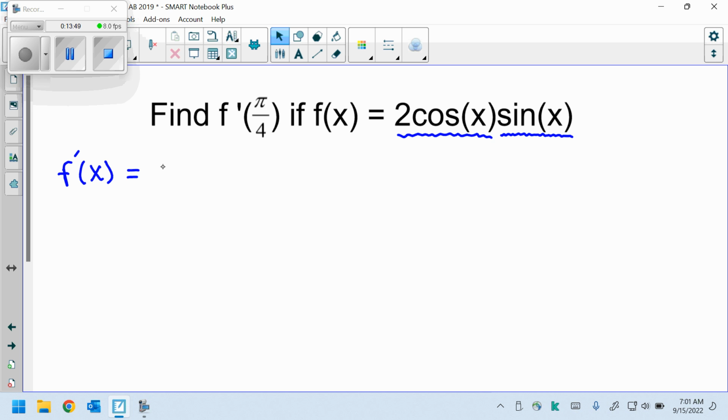So product rule is first, 2 cosine of x, times derivative of the second, cosine of x, plus the second, which is sine of x, times the derivative of the first. And the derivative of this guy, well, 2 is a coefficient that comes along for the ride. Derivative of cosine is negative sine.